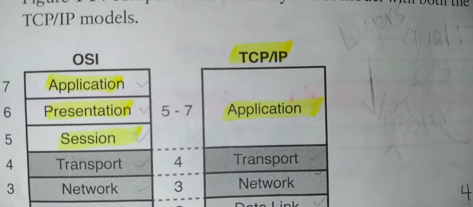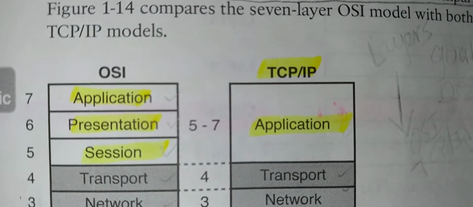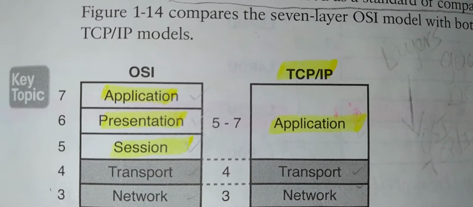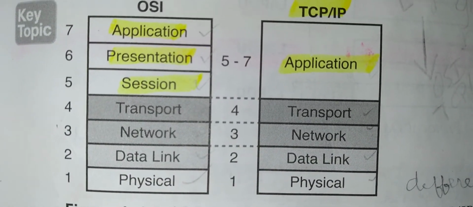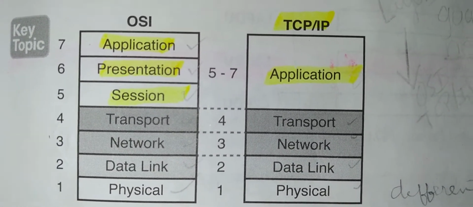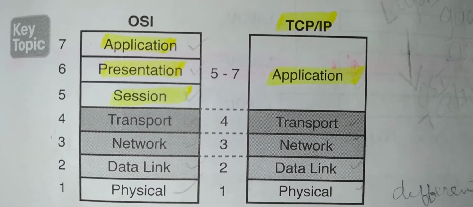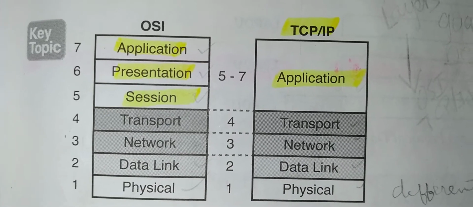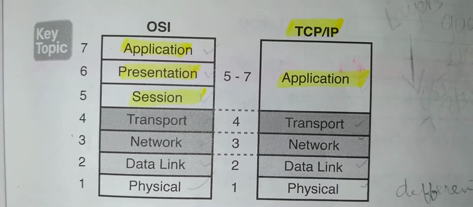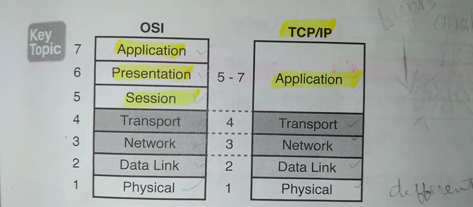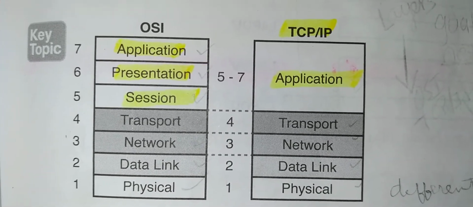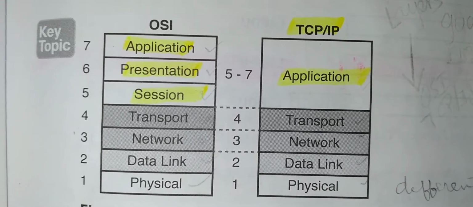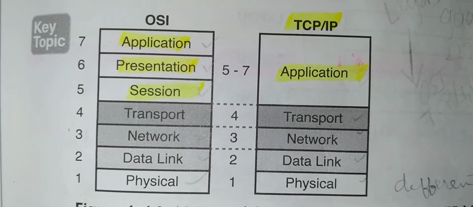CSMA/CD is a media access mechanism in which devices ready to transmit data first check the channel for a carrier.